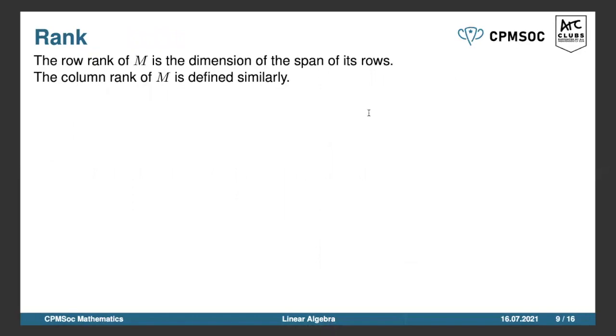Continuing the discussion about dimension, if you have a matrix, you can ask about the dimension of the set of rows of the matrix and the dimension of the set of columns of the matrix.